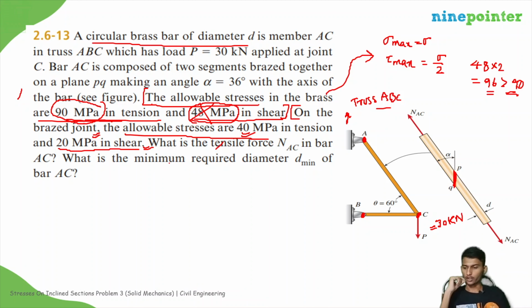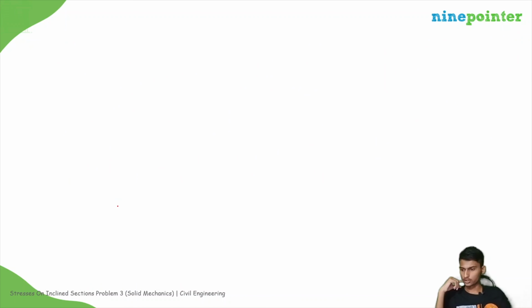So what we need to find out? What is the tensile force NAC in bar AC? What is the minimum required diameter D minimum of bar AC? So if you consider joint C, with NAC and NBC, this is 60 degrees and this is P, right?